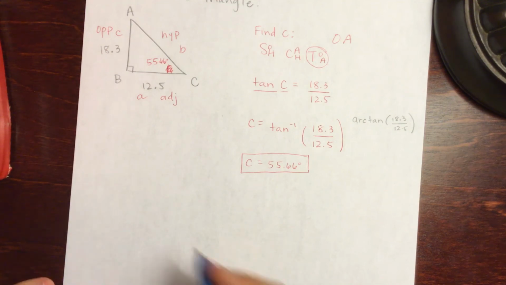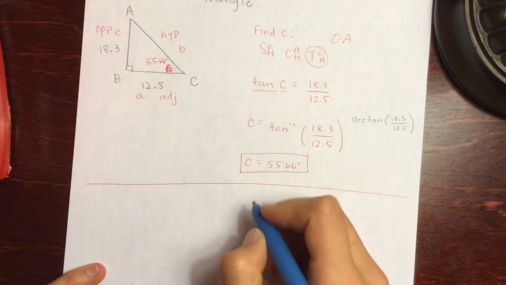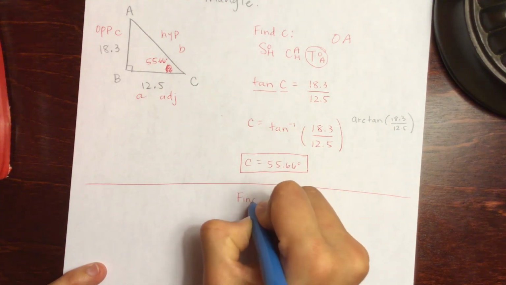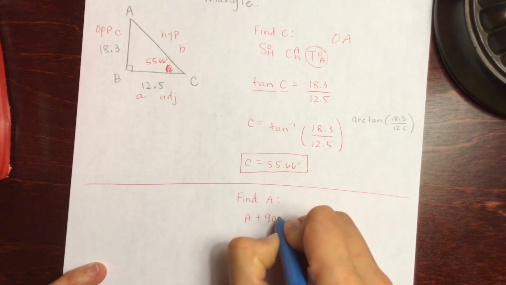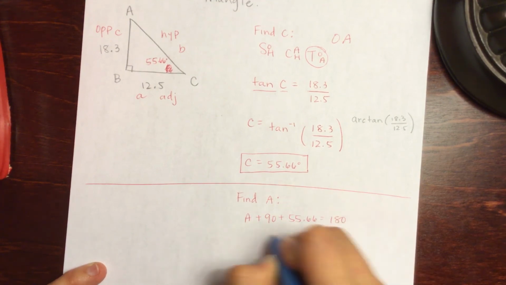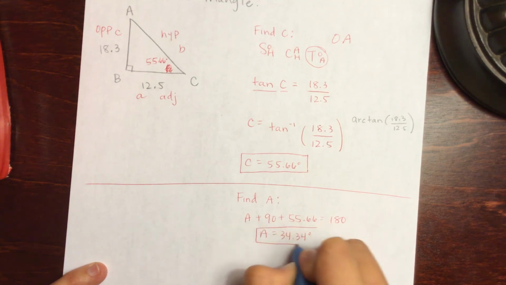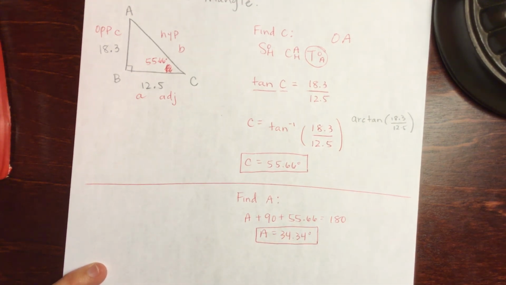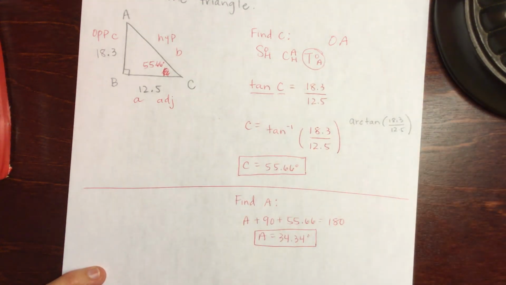So my labels could change, but unlike the last two examples where I wanted to show you more and more examples, let's just find angle A by using our good old 180 rule. The notes that I post to go along with this video actually find A using this method and find C by using 180.